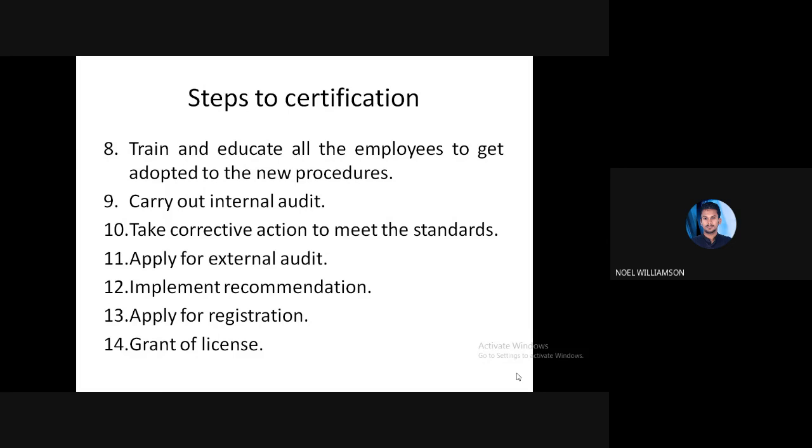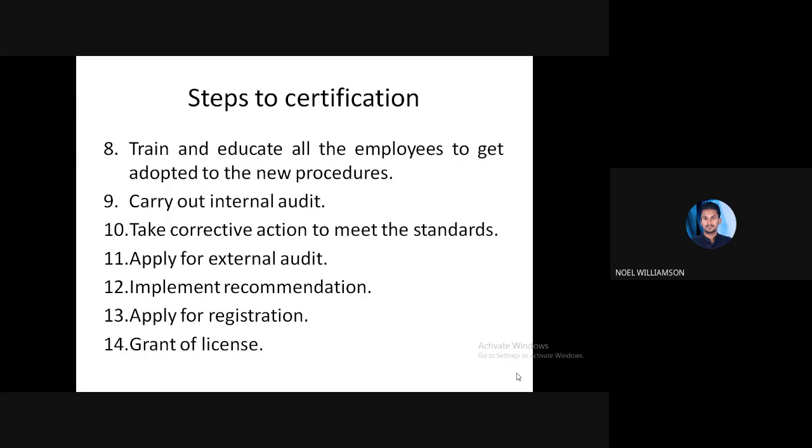Next, after carrying out the internal audit, next step is take corrective action to meet the standard. Suppose after the audit, it is found that the procedures are not functioning in the standard manner, then we should do some corrective actions in order to come up to the standard.